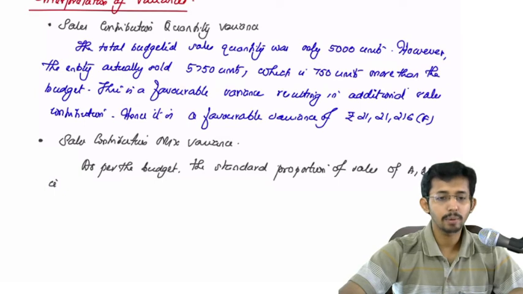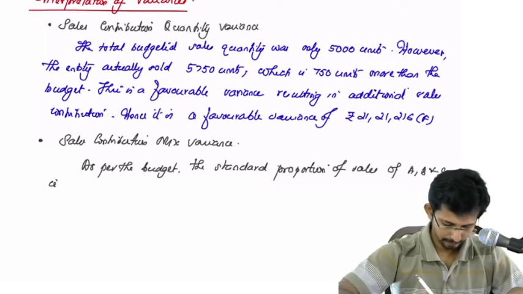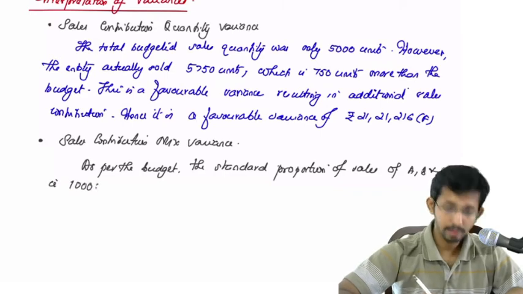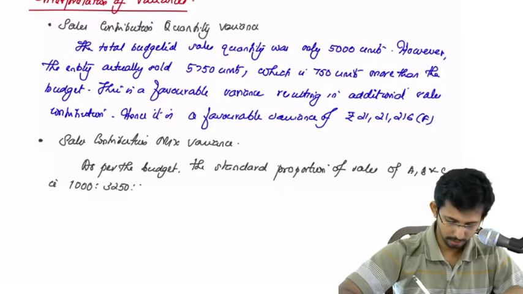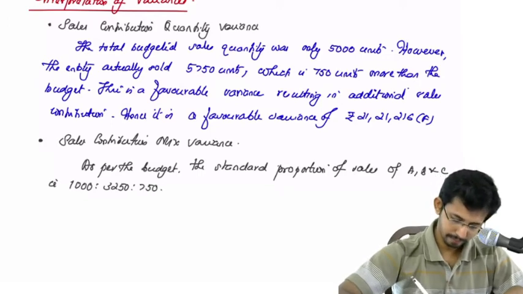The standard proportion should be 1000 units is equal to 3250 is equal to 750.